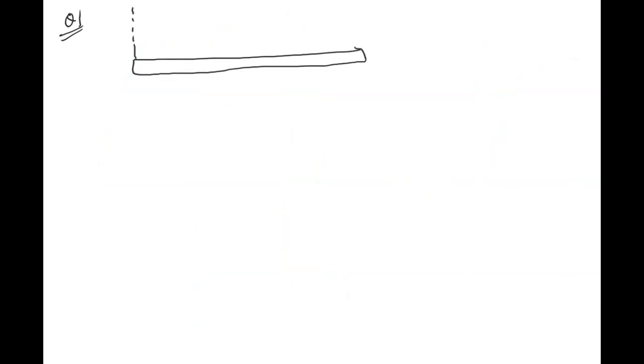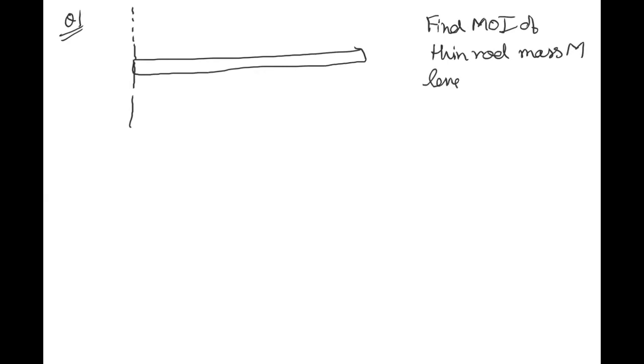So question number 1, the answer you know already. Find the moment of inertia of thin rod of mass m, length L, about axis O dash. हाँ, बात आंसर आपको पहले से मालूम है.